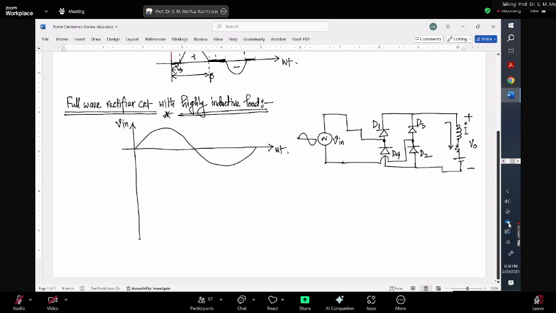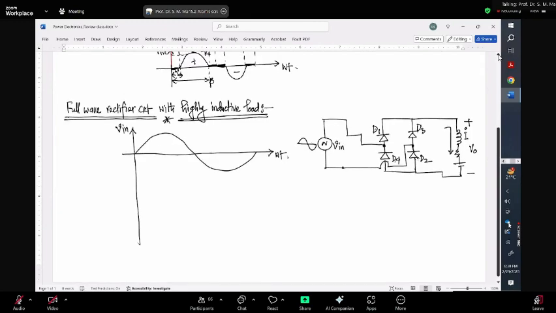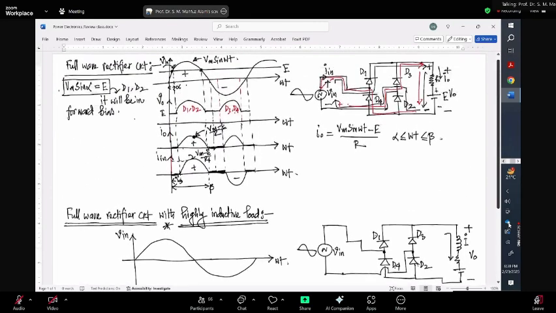Either it will come from D1 and D2 or D3 and D4, because you are not putting a flywheel diode here. Whenever the current needs a path, it will take either D1 and D2 or D3 and D4. Unlike the condition for resistive load, because for a resistive load, the current will depend on the voltage.